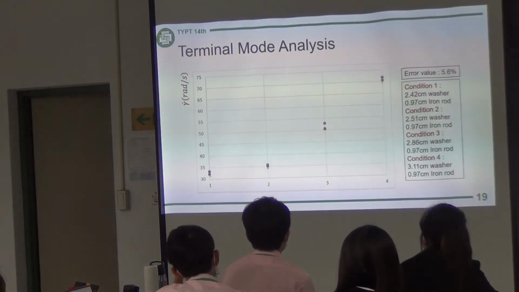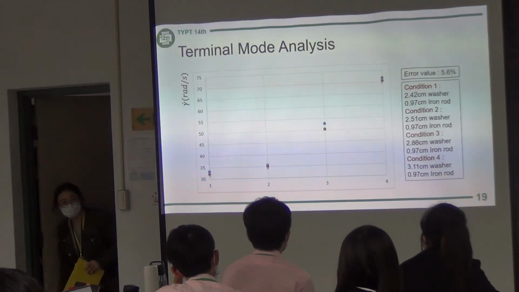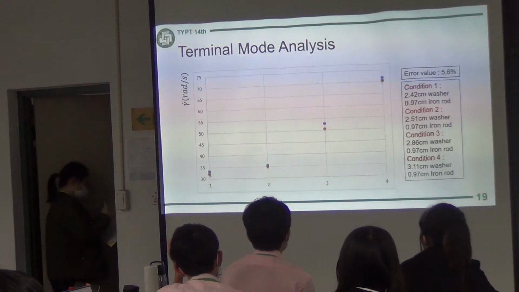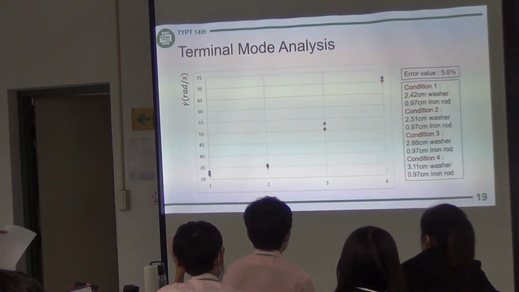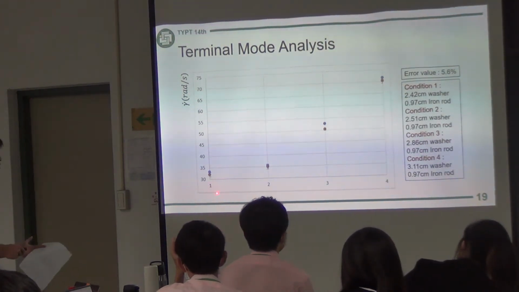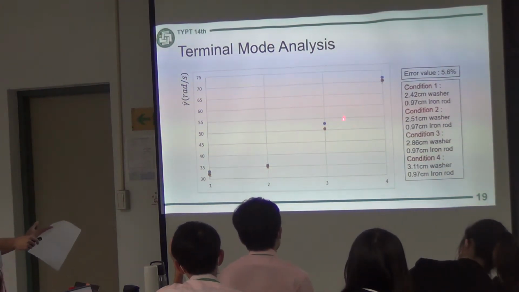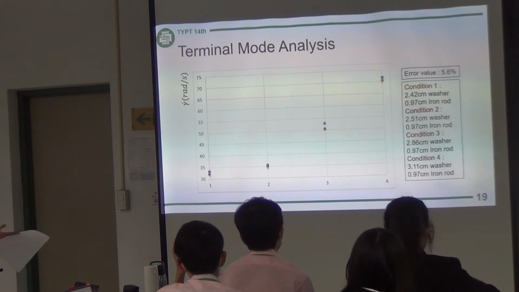So this is our experimental result, where I make a comparison between the experimental result and also the theory. There is a tiny error bar left here, but it's hard to see.